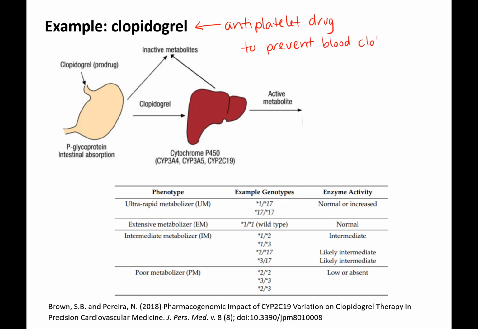You don't want blood clots because that can give you inadequate blood flow to certain organs. So what it's trying to show you is that clopidogrel is taken in orally, so you're going through the stomach.